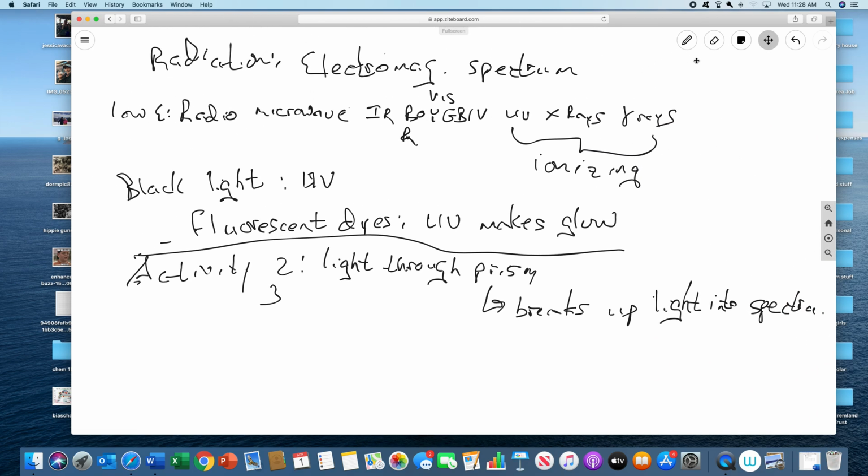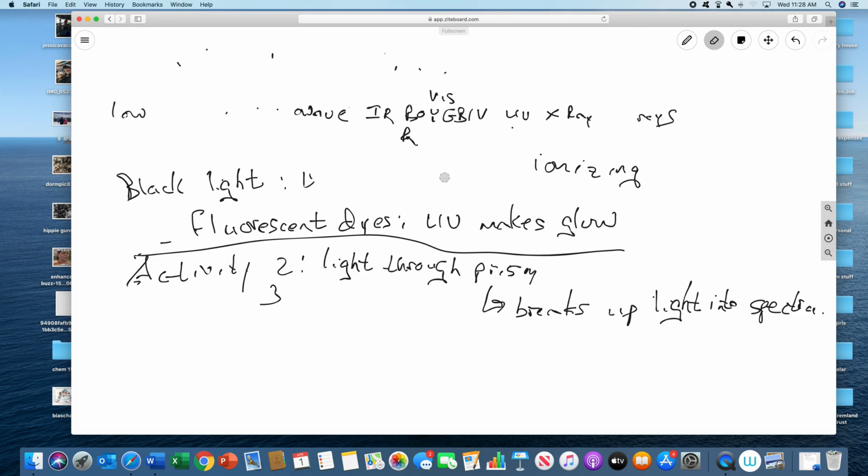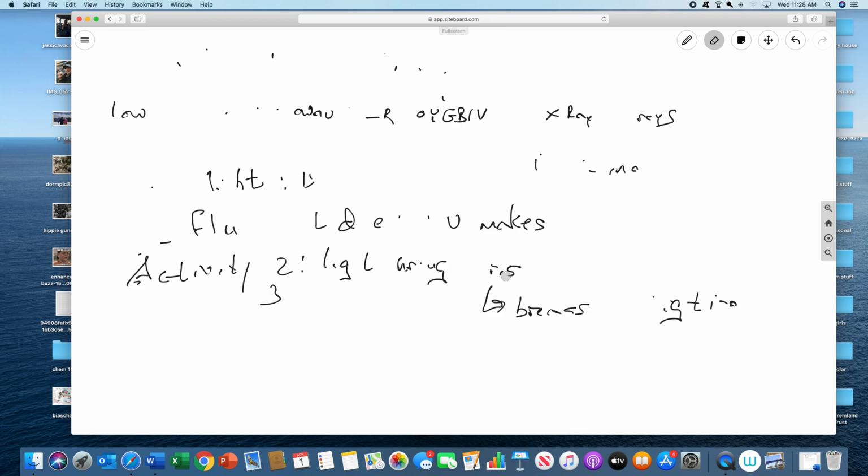Whoops, erase that button. The activity 3, what you're going to look at is, let me just finish erasing this.